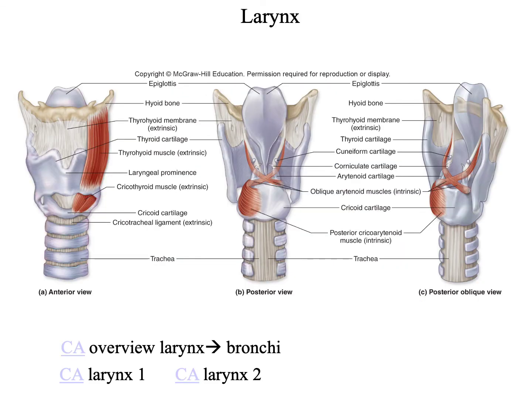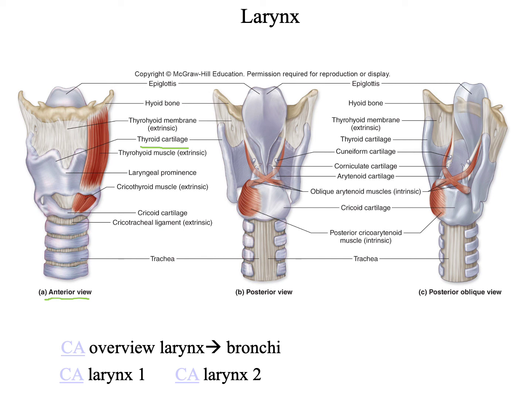I just want to point out some of the cartilages you need to know for the larynx. I haven't come up with a good mnemonic yet. They all kind of start with a C, so it's a little tricky. I guess that's not entirely true, because we're going to start out with a T. Here we have the thyroid cartilage, and this gives rise to the Adam's apple. So here we have an anterior view of the larynx.